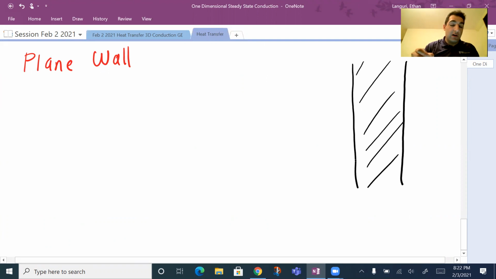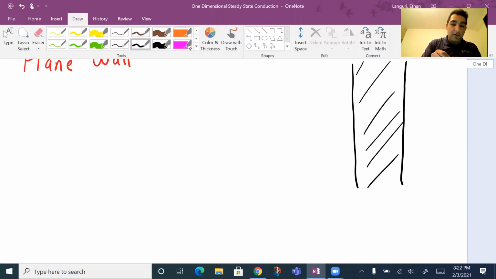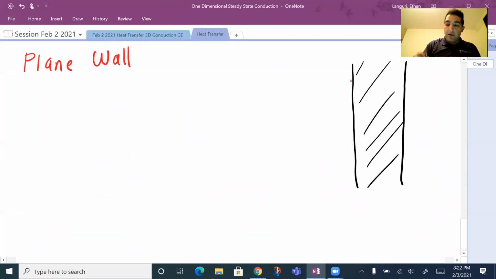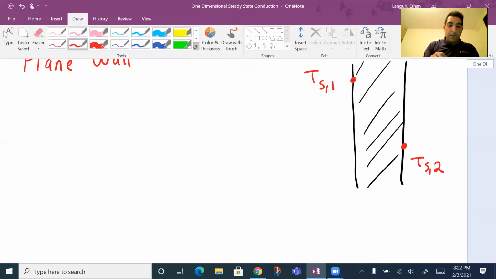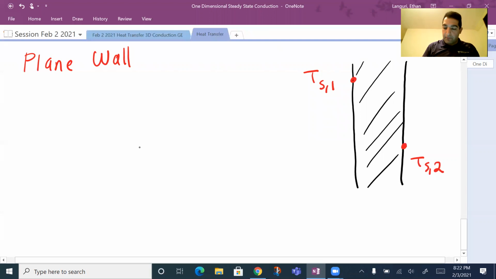Let's assume on two sides of the wall, we have two different temperatures. On the left-hand side, I have surface temperature TS1. And on the other side, right-hand side, I have surface temperature TS2, right? Let's assume this is my x equal to 0 location for the left-hand side of the wall.